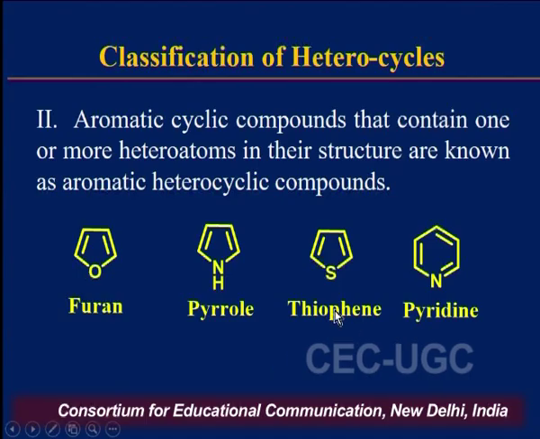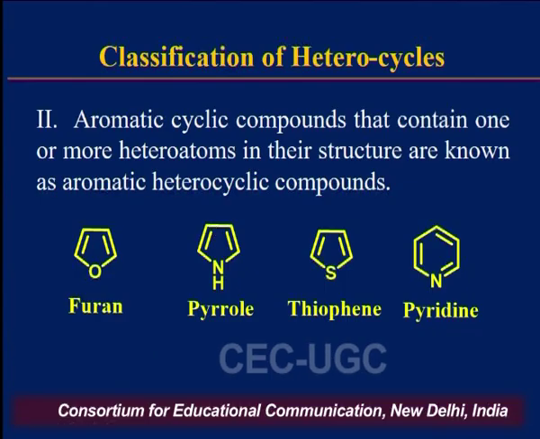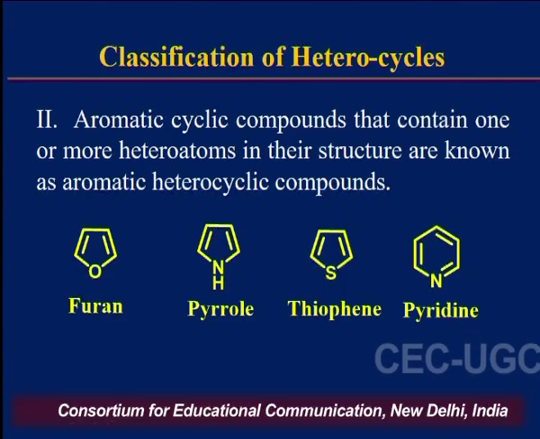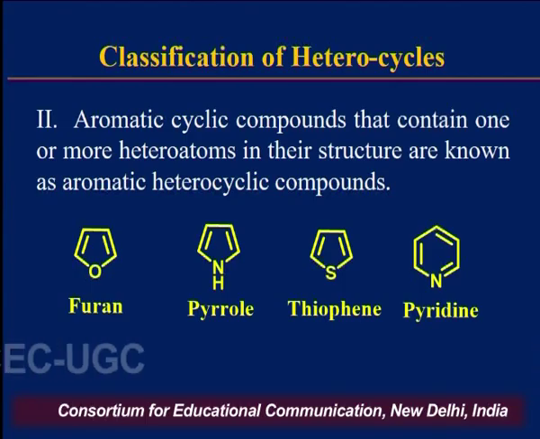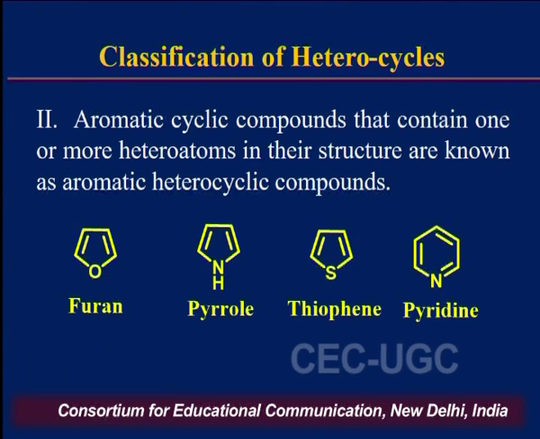The second category is aromatic heterocyclic compounds. Aromatic heterocyclic compounds may be defined as cyclic compounds that contain one or more heteroatoms in their structure. You will see some examples from this category.